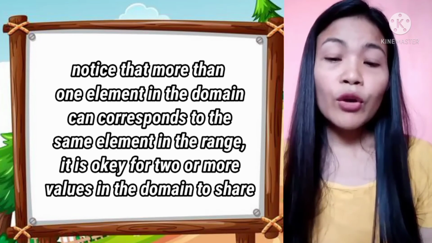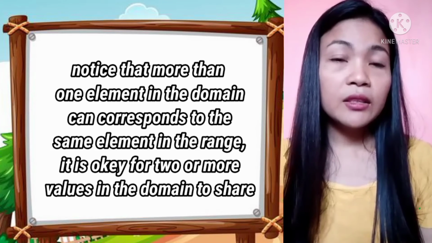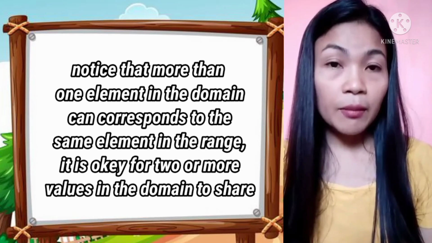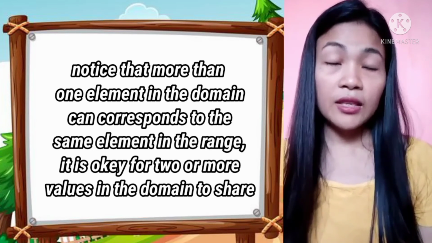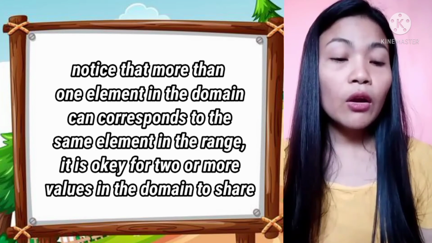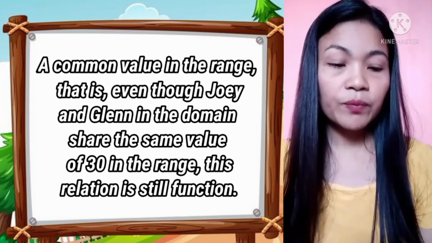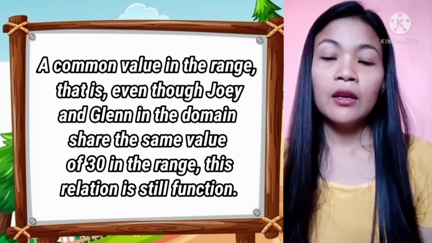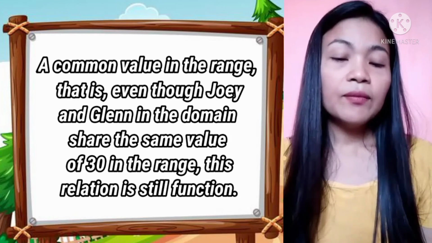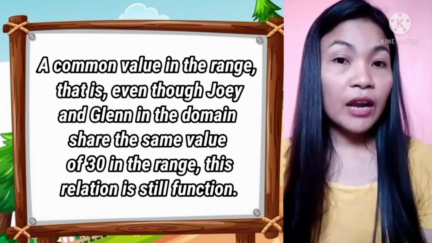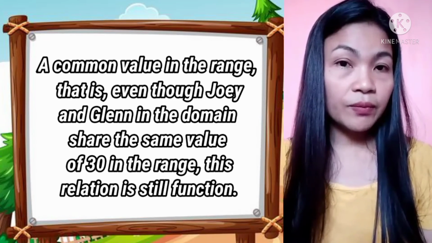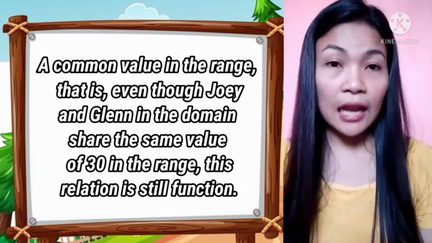Notice that more than one element in the domain can correspond to the same element in the range. It is okay for two or more values in the domain to share a common value in the range. That is, even if Joey and Glenn in the domain share the same value of 30 in the range, this relation is still a function.